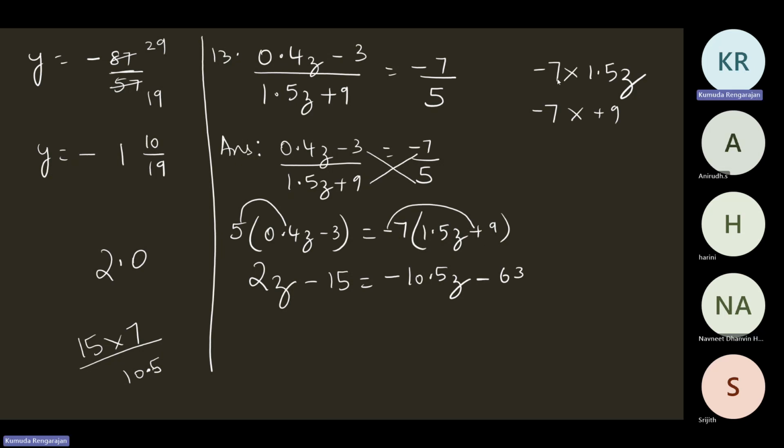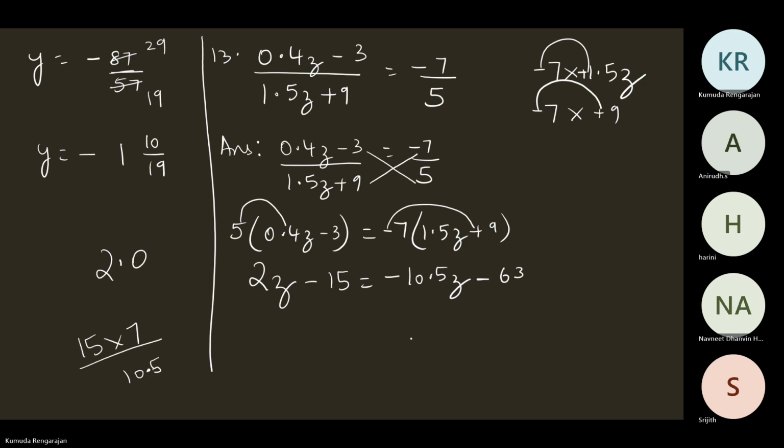Minus 7 and 1.5z gives minus 10.5z. Minus into plus is minus, 7 9s are 63.